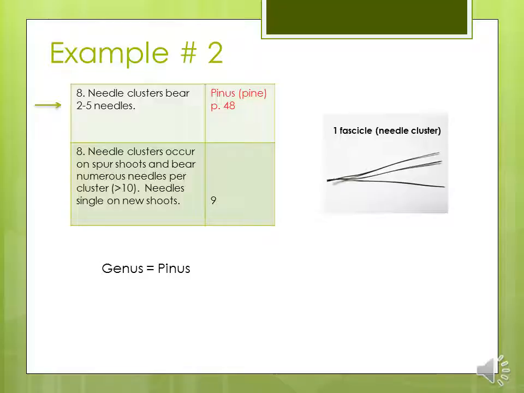Question number 8 asks if the needle clusters bear 2 to 5 needles or more than 10 needles per cluster. And if you look at this needle cluster here, or fascicle, it has 3 needles coming off of it, and that's going to lead us to the genus Pinus, which is on page 48. So we'll go ahead and go to page 48 and do the key in that section.